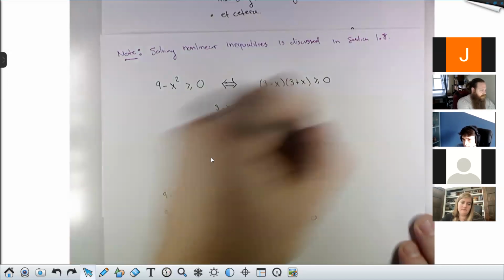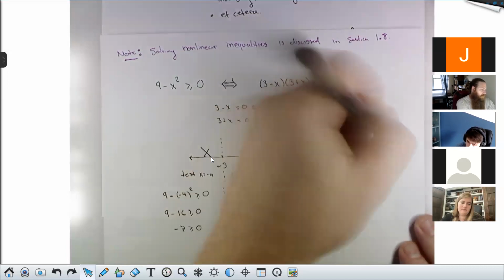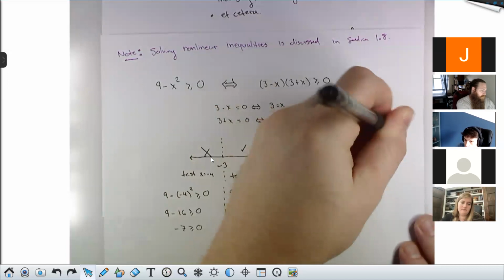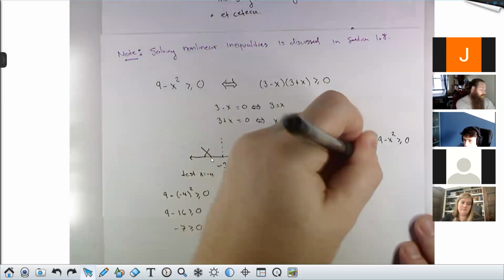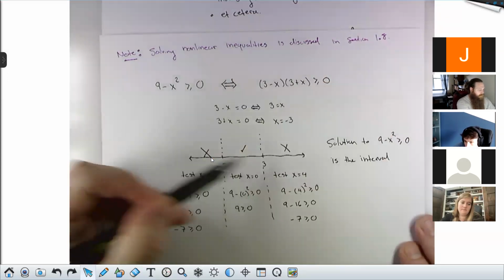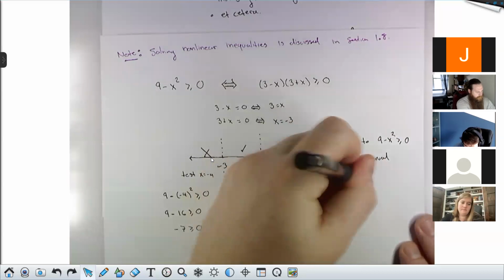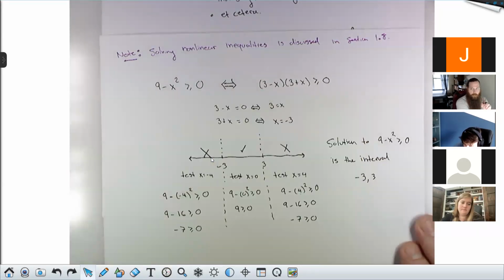So the solution to our inequality, 9 minus x squared is greater than or equal to 0, is the interval from -3 to 3. And we have to figure out whether to use the closed bracket or the open parentheses.